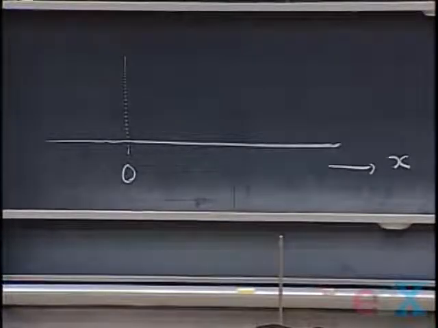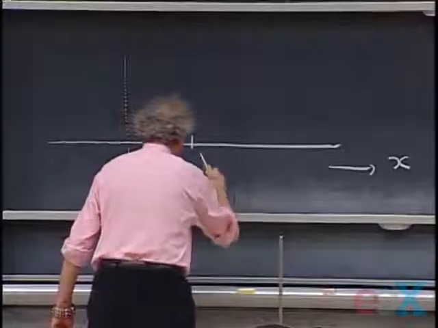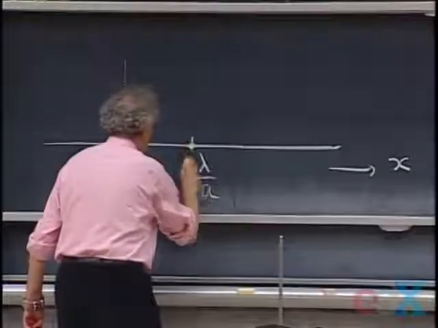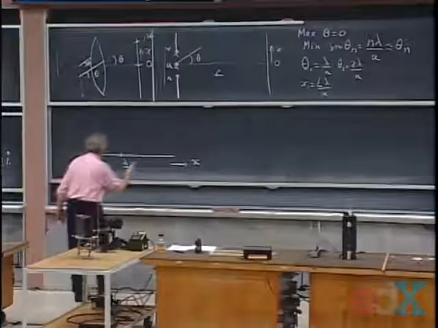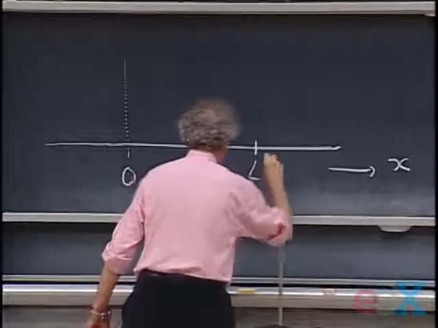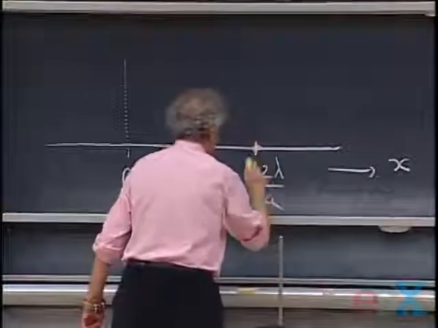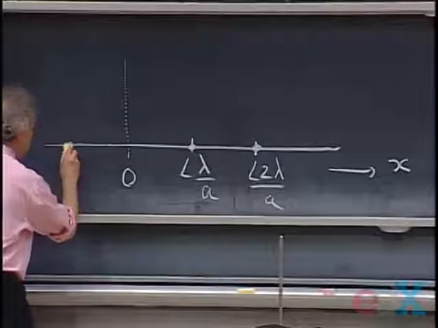That coincides with theta equals 0. And then here, at lambda divided by a, completely destructive interference. That's that angle theta 1 times L. And then here, at 2 lambda divided by a, complete destructive interference. And the same is true, of course, on the other side.